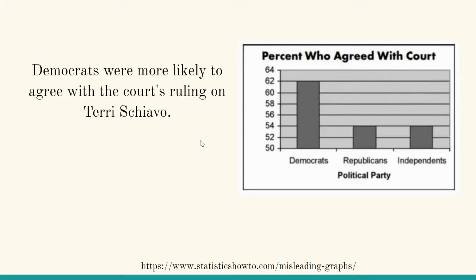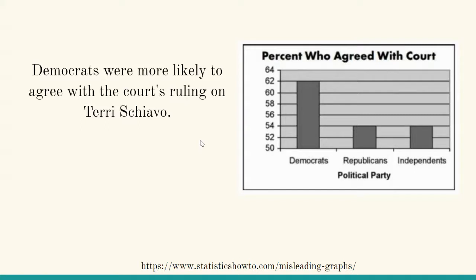Okay, what is this graph, when we first look at it, trying to make us see? Well, I would definitely say that this graph is showing us that it looks like almost 3 times, 4 times as many Democrats supported the court's ruling, but significantly fewer Republicans and independents did.